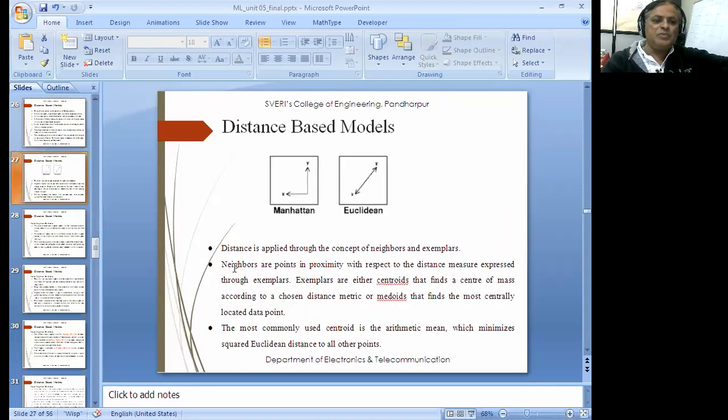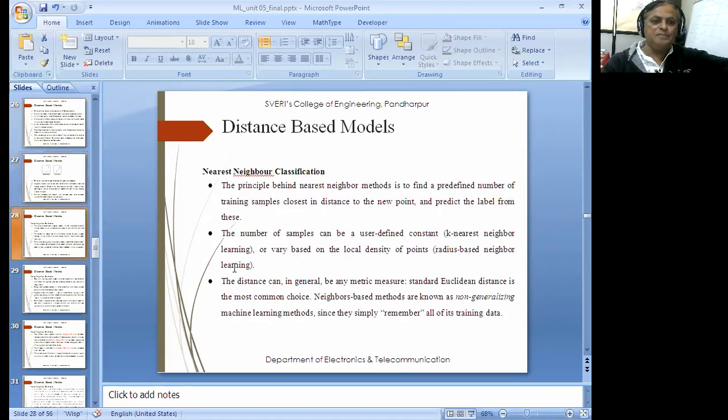Under these we have seen two types of distances which can be used: Manhattan and Euclidean. Obviously, it could be expressed with neighbors and exemplars, and there are two types of exemplars: centroid and medoid. The centroid is the calculation of the arithmetic mean, which minimizes the squared Euclidean distance from all other points.